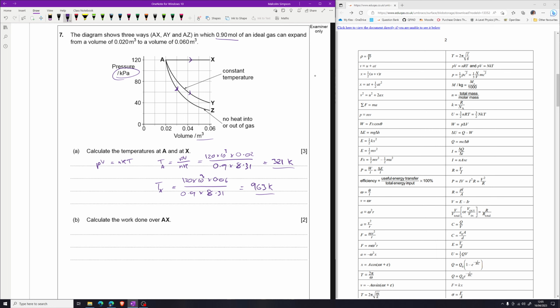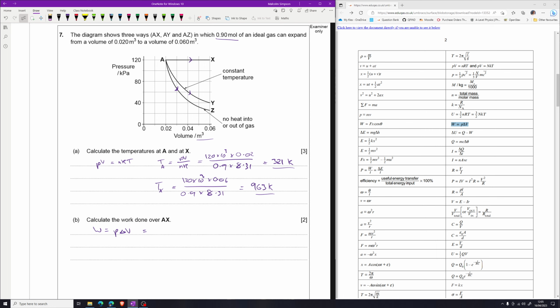Now AX is happening at a constant pressure, so no estimates needed here, no real need to think about it in terms of area under the graph. If we look at the formula sheet, we are given that work is pressure times change in volume, which of course is true for a constant pressure. So easy enough.